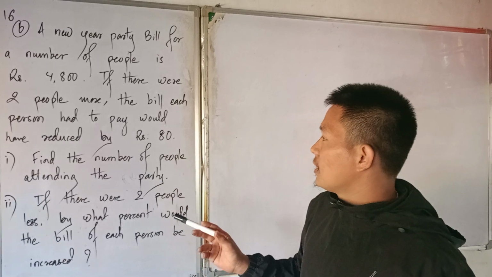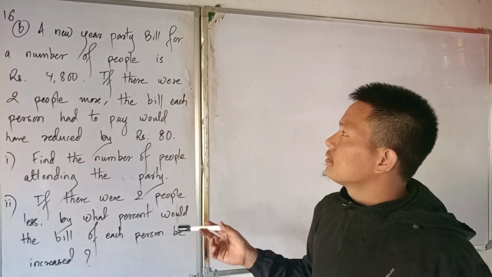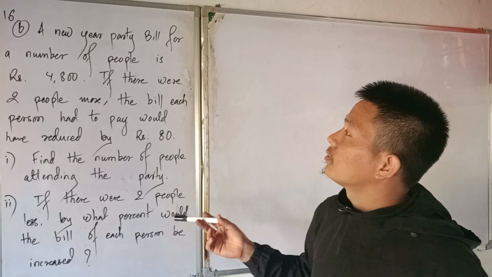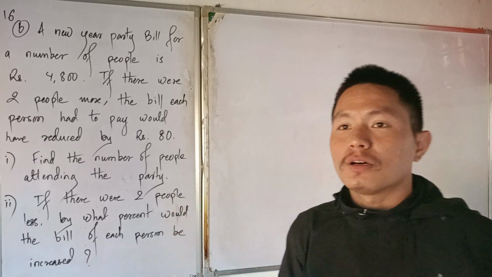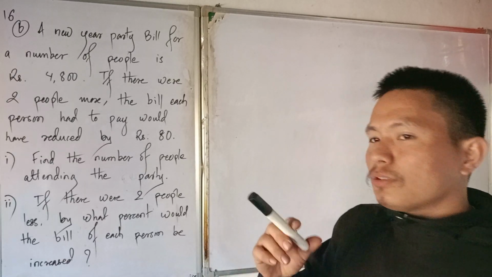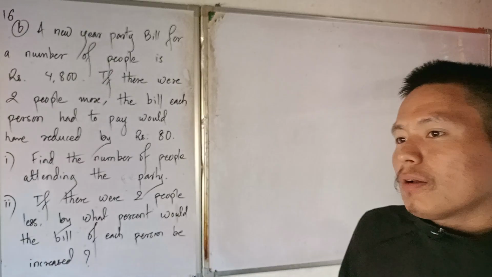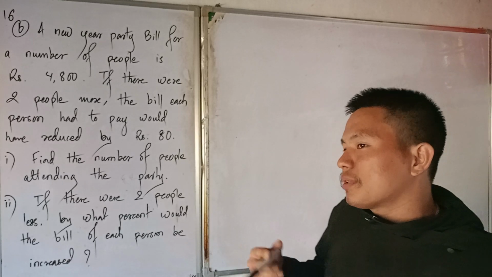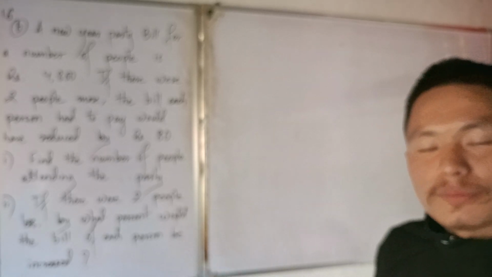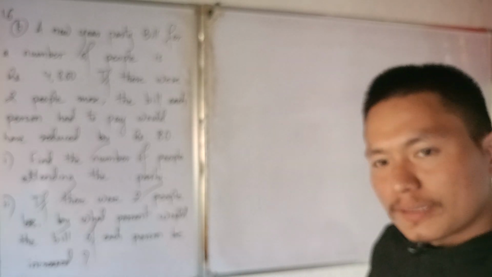The first condition: we don't know how many people are there in the party, and we also don't know how much each of them has to pay. So you have to use two variables, just like in the previous problems.